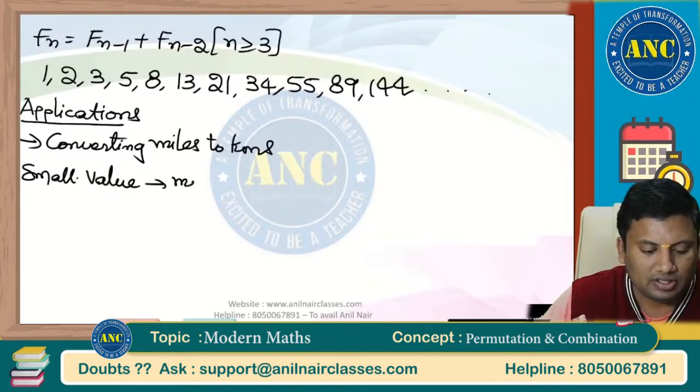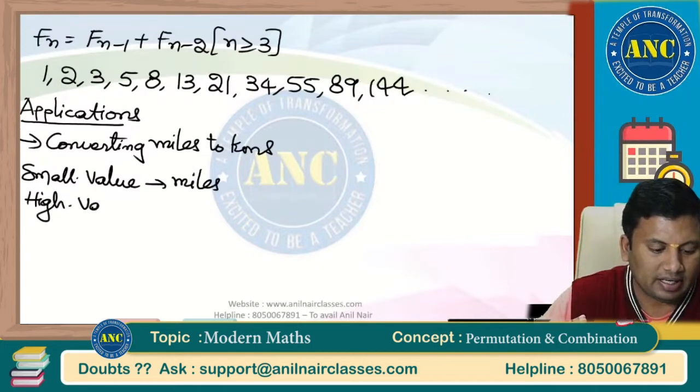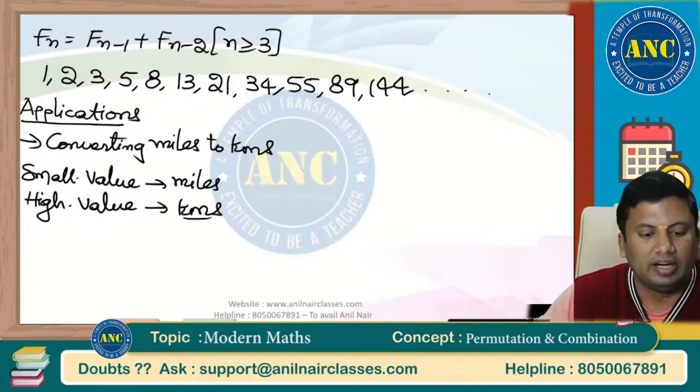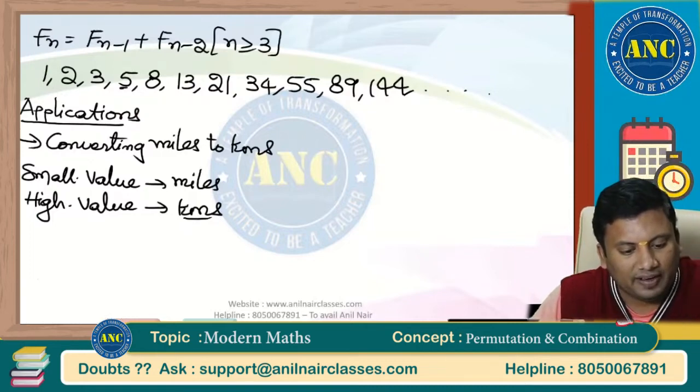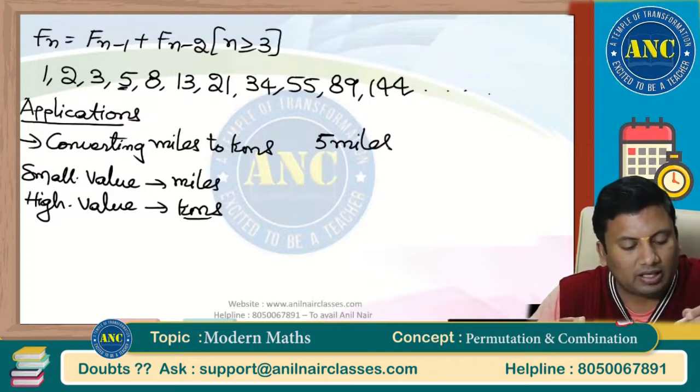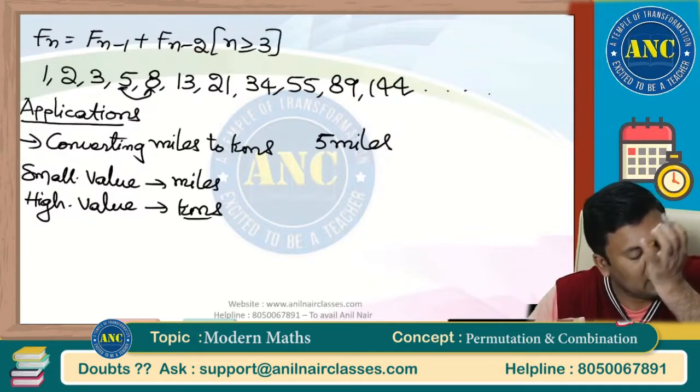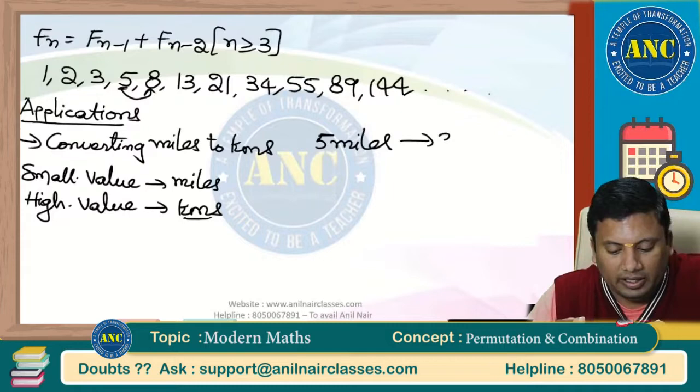The immediate next highest value is nothing but kilometers. For example, 5 miles is nothing but, what is the next value? It is nothing but 8 kilometers. 5 miles is 8 kilometers.